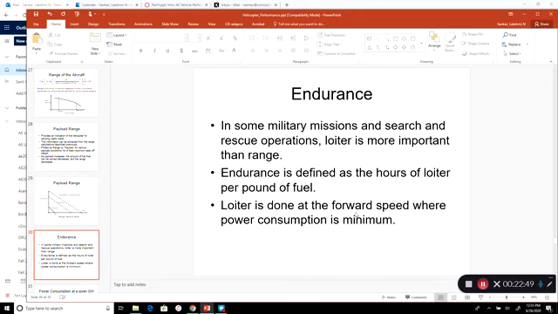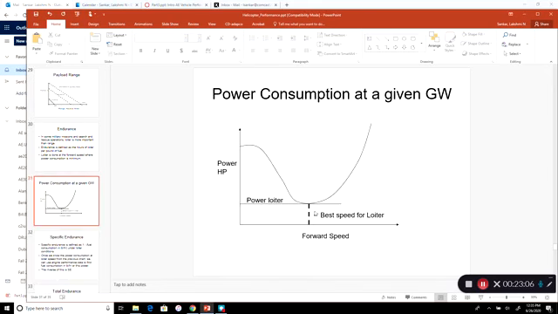Finally, we want to know how long it can stay up in the air. For example, you may want to do a loitering, you may want to do search and rescue, you may be doing an observation reconnaissance in a particular target area. So you want to stay up in the air. Then you draw the power versus forward speed curve. Find the minimum most power. That's your minimum fuel burn rate.